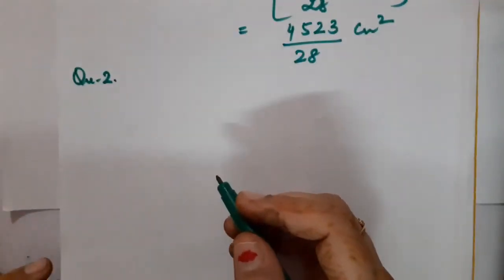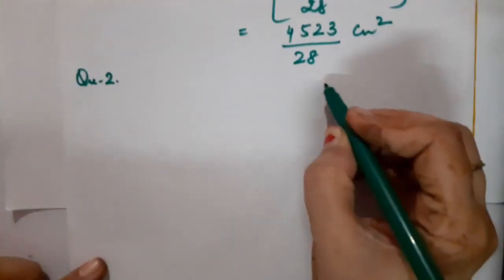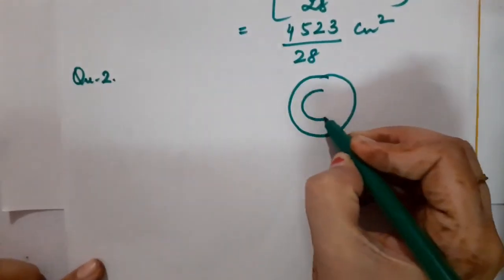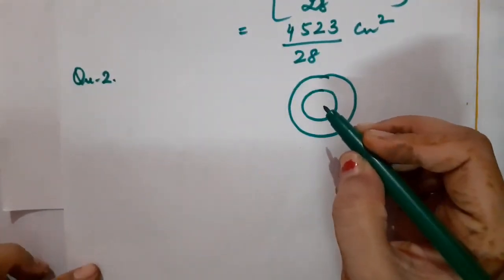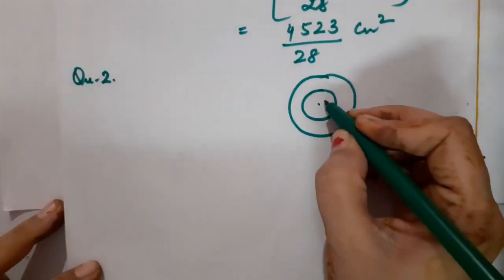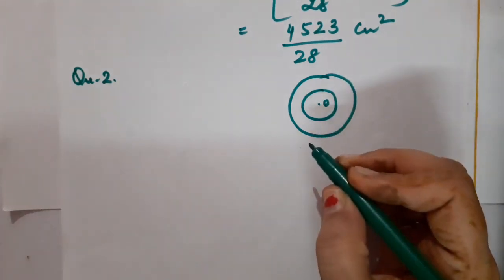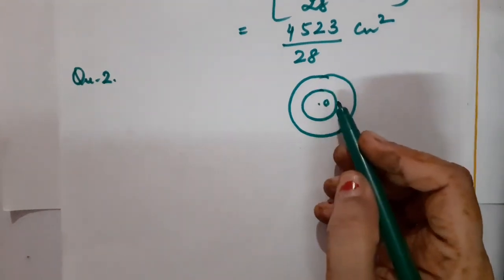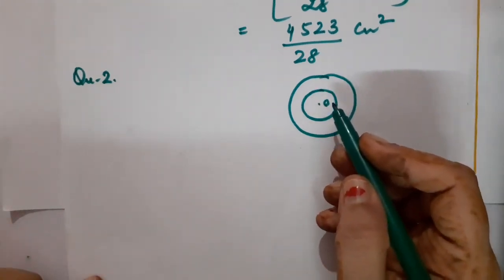Find the area of the shaded region in the figure. There is a figure given. There is one circle. Then one more circle is there. Okay. And the center point is O. You can call that they both are concentric circles because they are having the same center. Okay. Yes, it is given in the question.